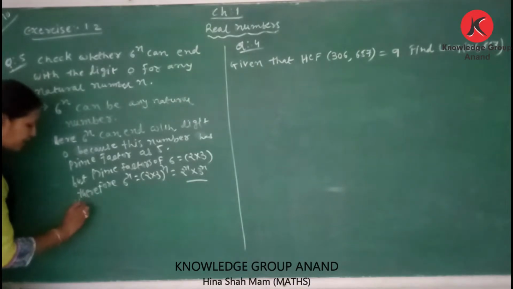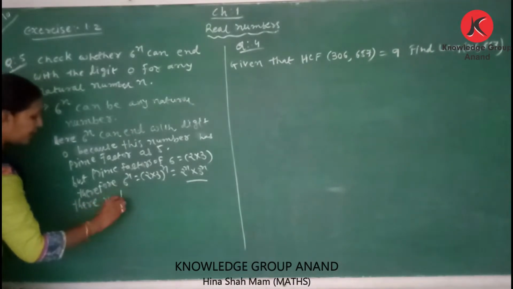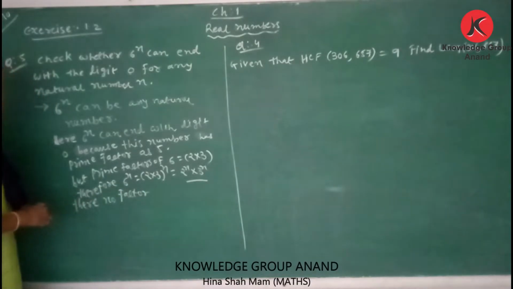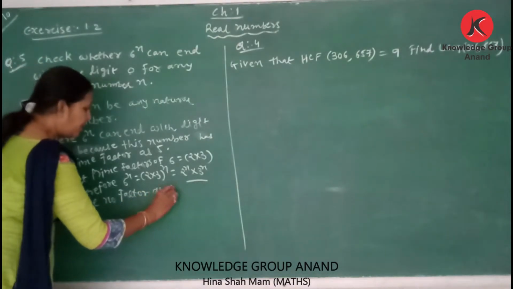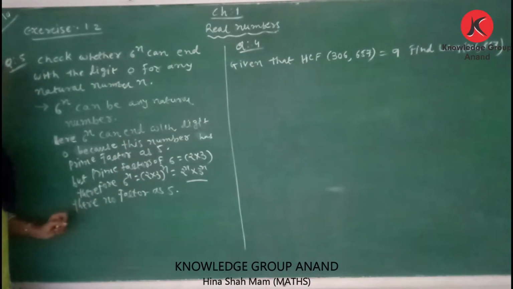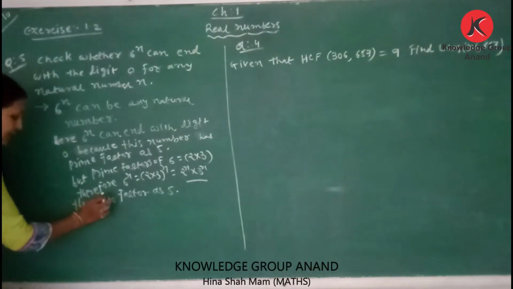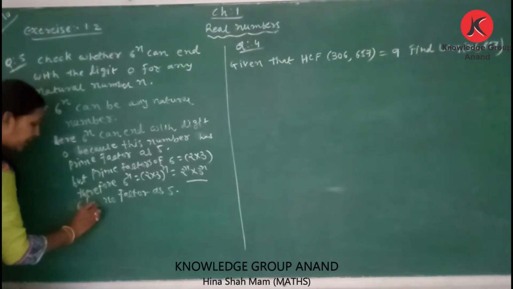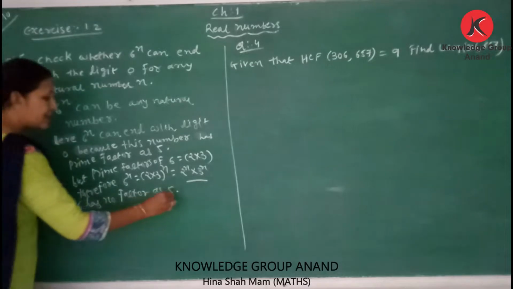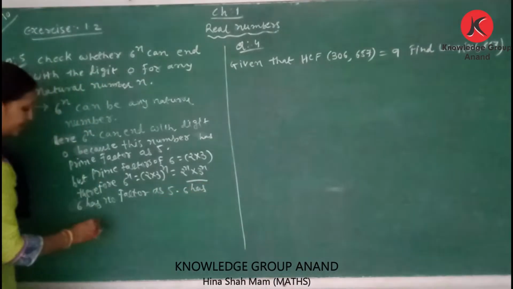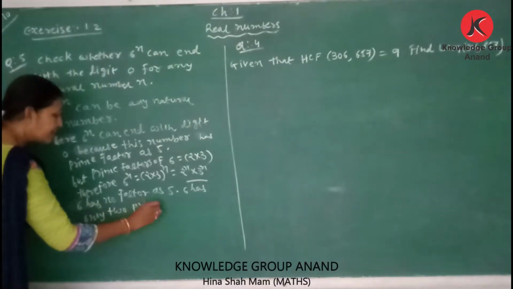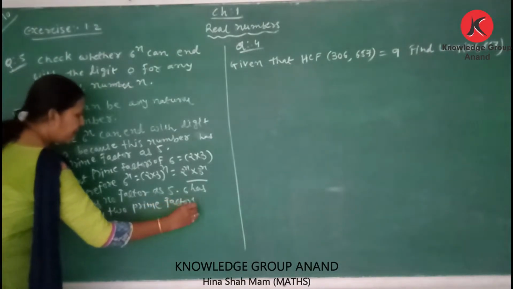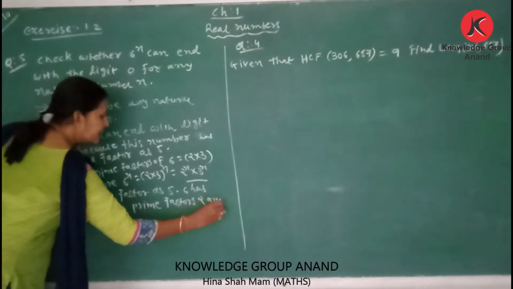There is no factor 5. 6 has no factor 5. 6 has only 2 prime factors, 2 and 3.